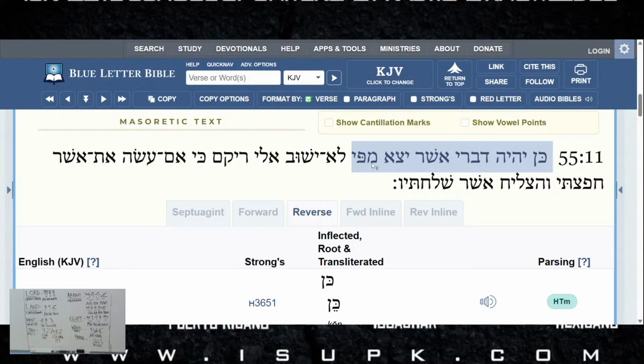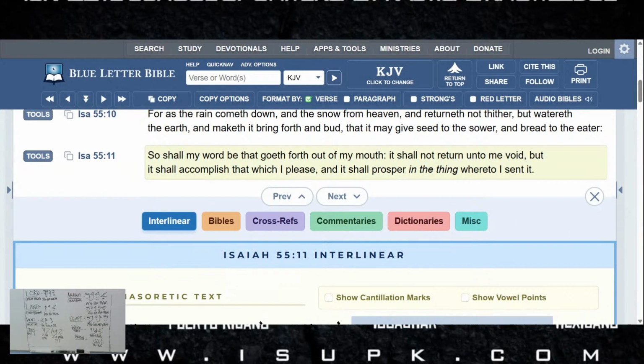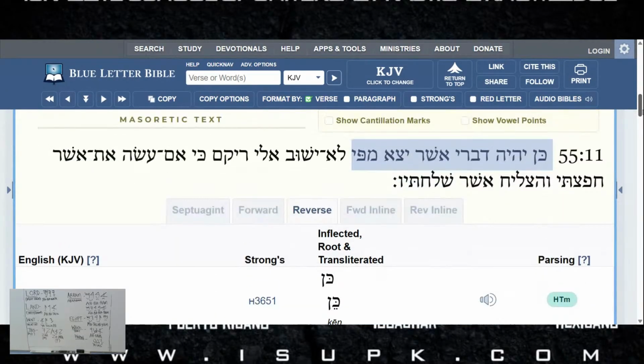from, my at the beginning of a root word is from my mouth, right? Or out my mouth. That goeth forth out my mouth. That goeth forth out. That went out, that go forth out of my mouth. So that's the breakdown for that. Okay.